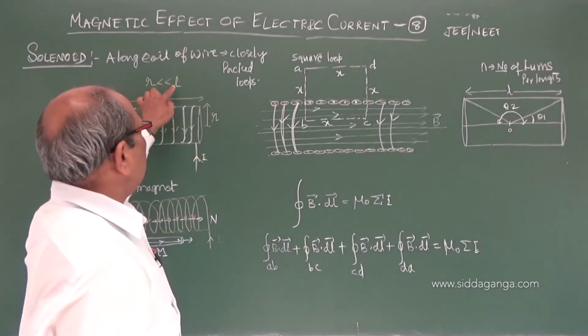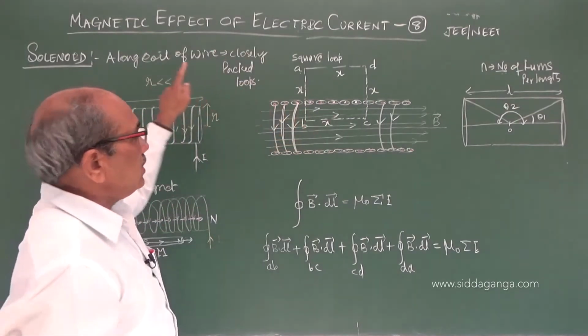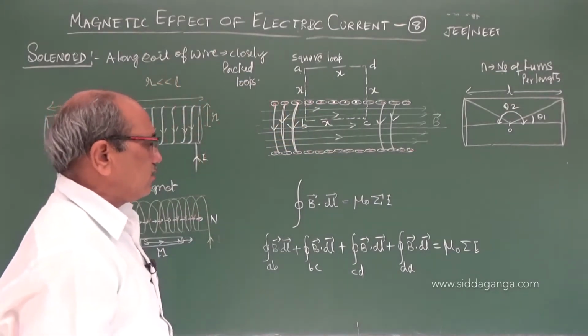The length of the solenoid is L, and small n is the number of turns per unit length.